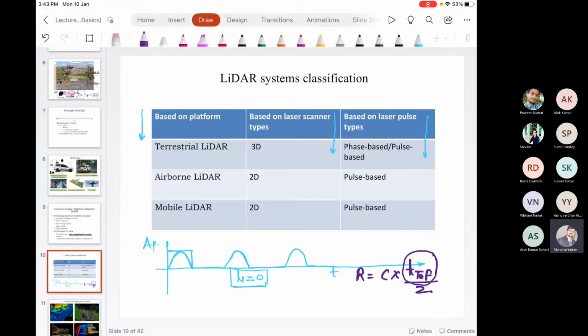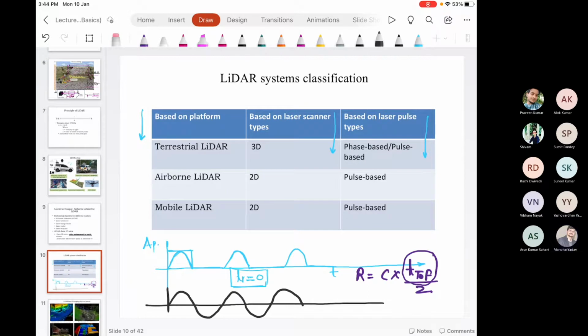While in the case of continuous wave laser, where the variation is sinusoidal or cosinusoidal, we calculate the range on the basis of phase difference, the phase difference between the transmitted laser pulse and the received laser pulse. We'll see the analysis in detail using mathematical concepts.